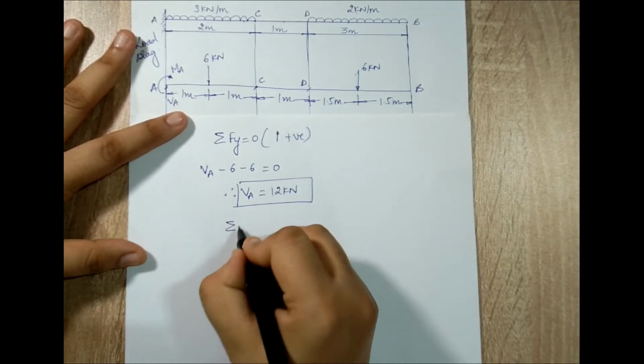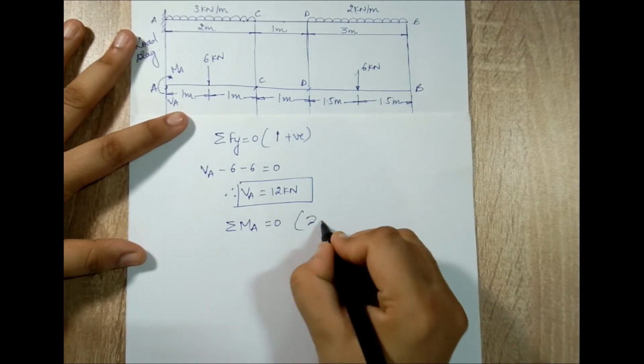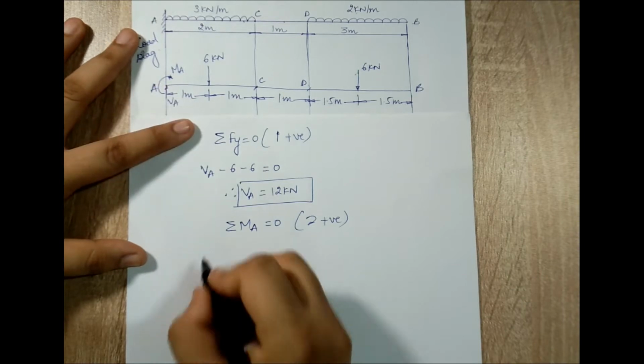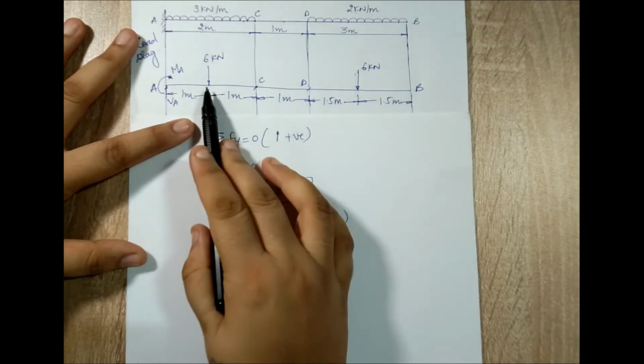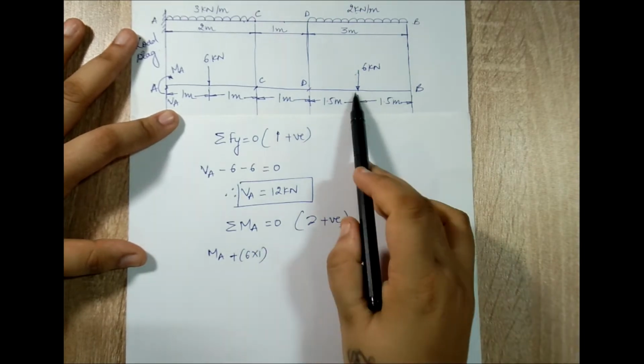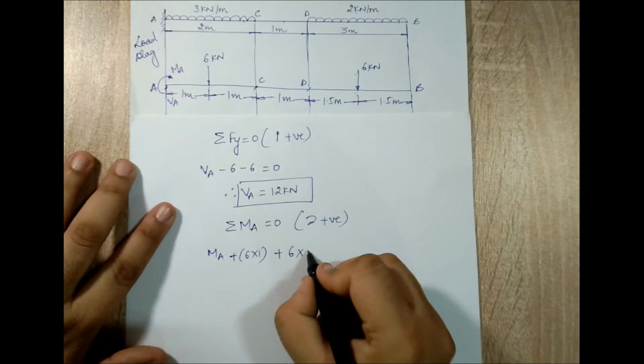Next I'll use summation of moment about A is equal to 0. I'll take clockwise direction moment as positive. I have MA turning clockwise. I have 6 turning clockwise, so plus 6 into 1. And I have this 6 also turning clockwise, so plus 6 into 4.5.